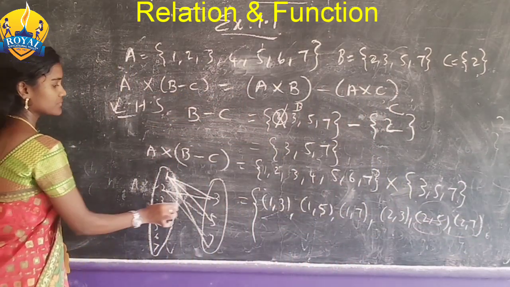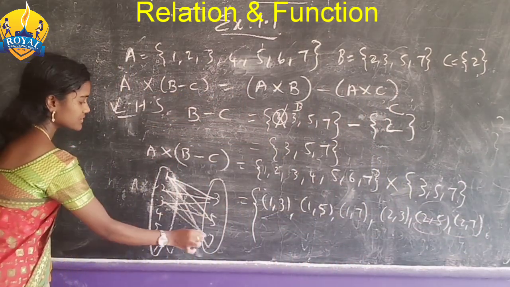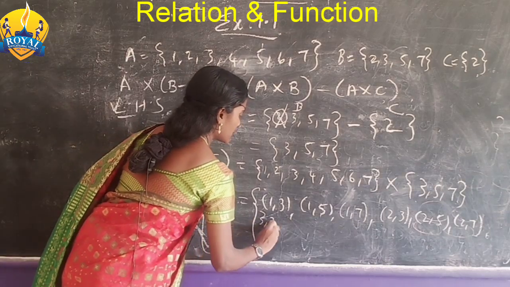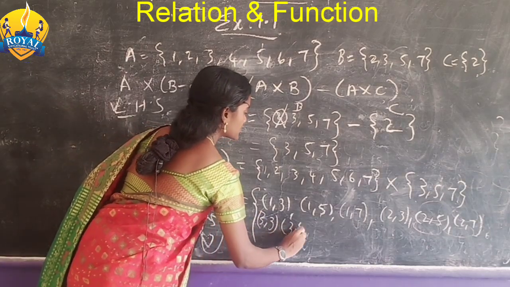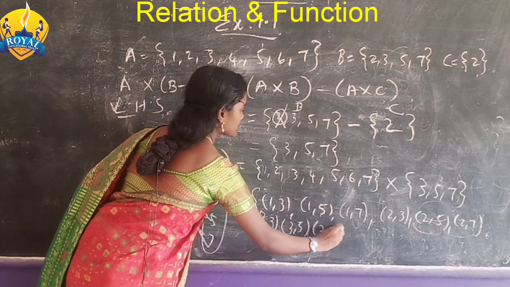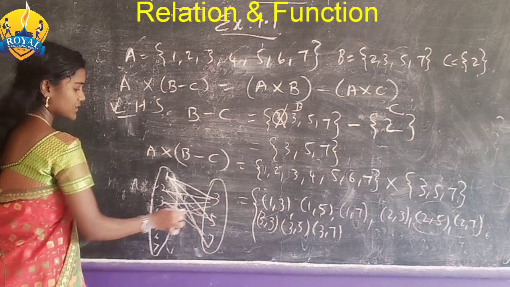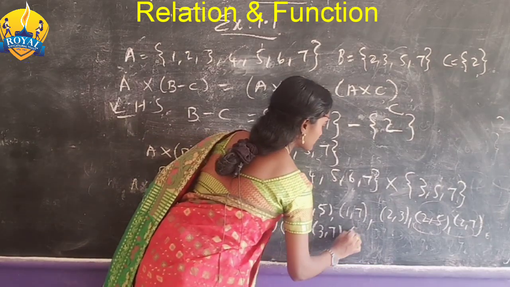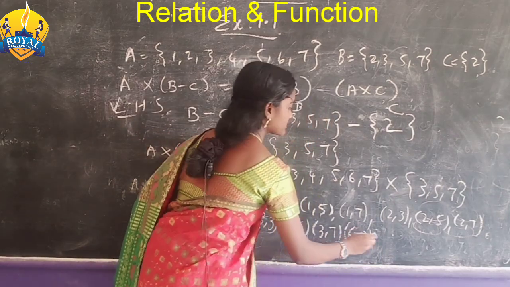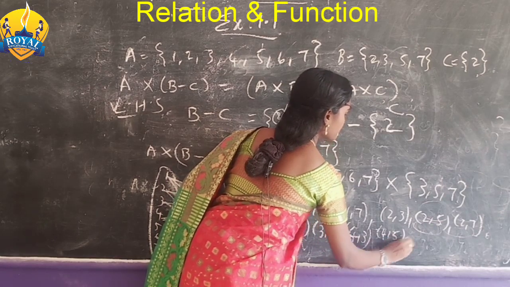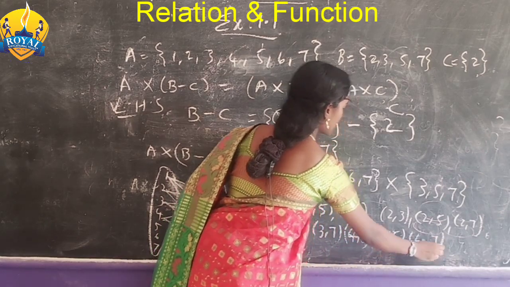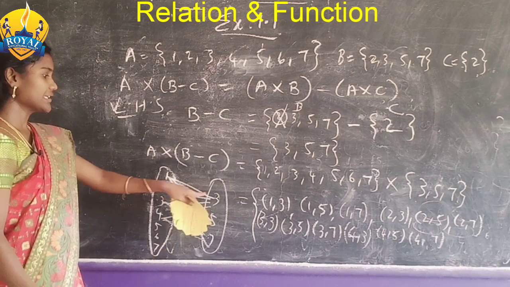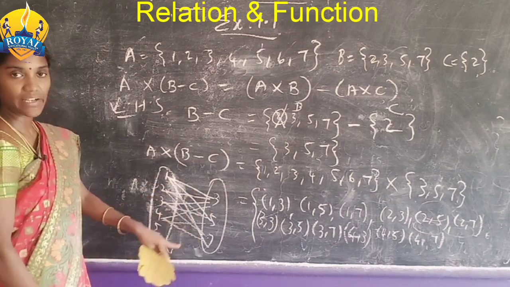Then (3, 3), (3, 5), (3, 7). (4, 3), (4, 5), (4, 7). (5, 3), (5, 5), (5, 7).